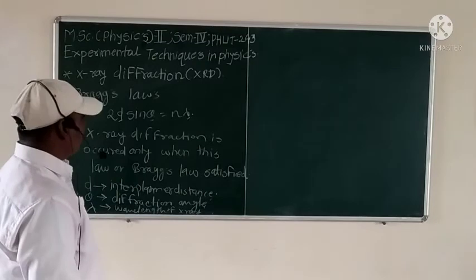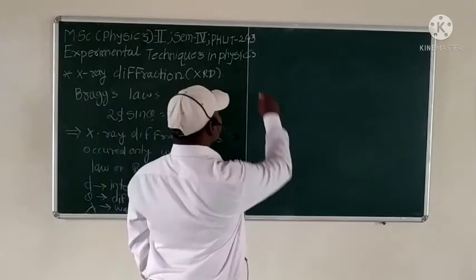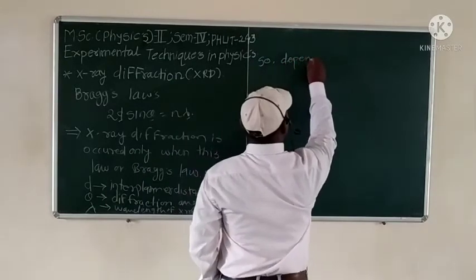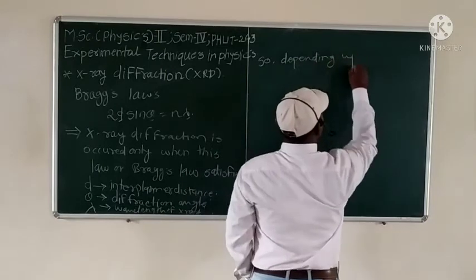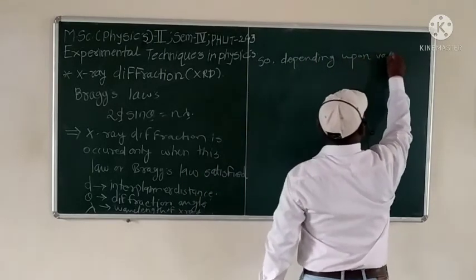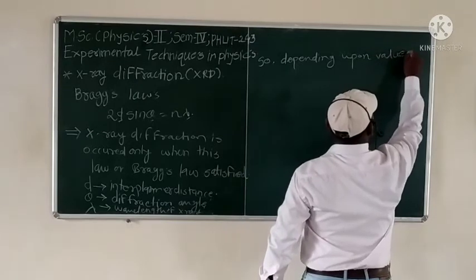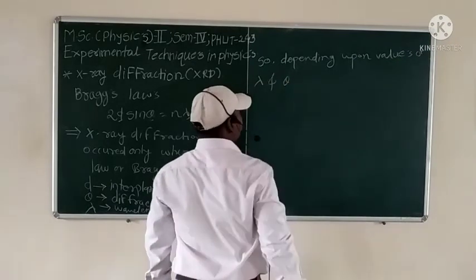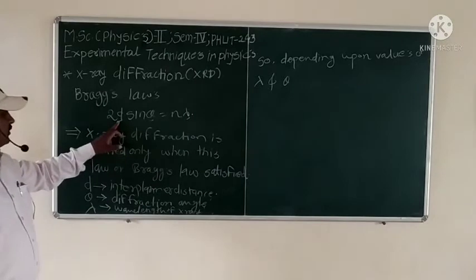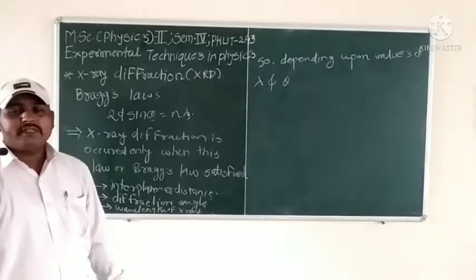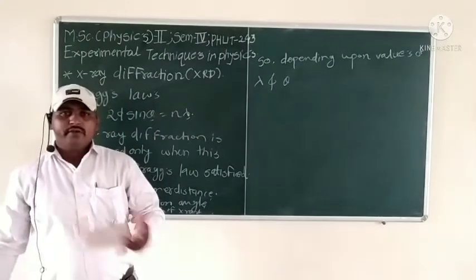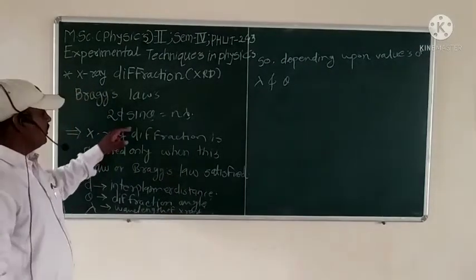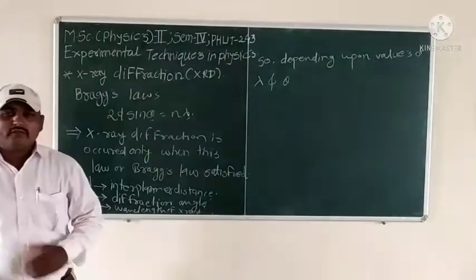Okay, and so depending upon the values of lambda and theta, because the interplanar distance is different for different crystal planes, right? If you take crystals of nickel or copper or silicon, each has a different interplanar distance, which is fixed for every material.